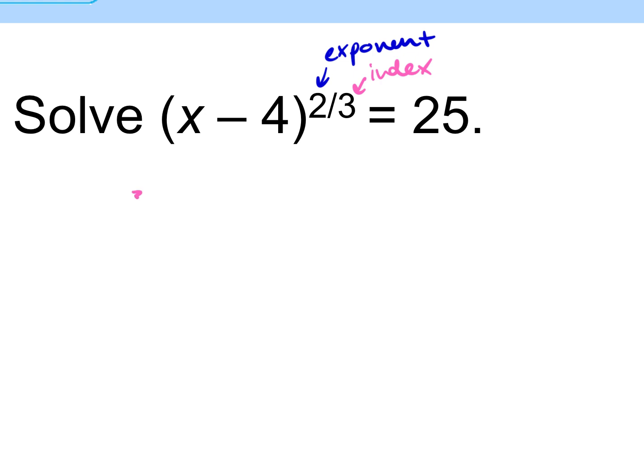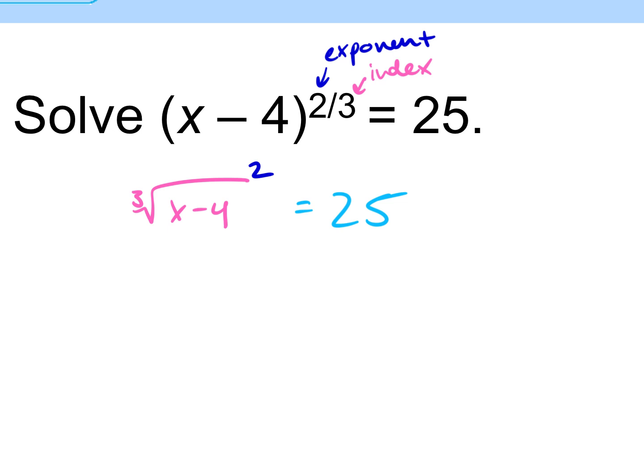So here we have the cubed root of x minus 4 to the second power is equal to 25. So the number on top is the exponent. The number on the bottom is our index. All I did was write this in a different way, just to make it a little bit easier for us to see.